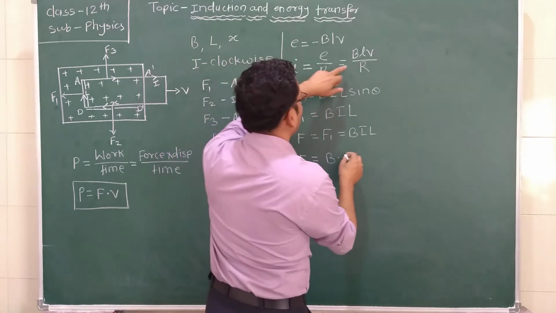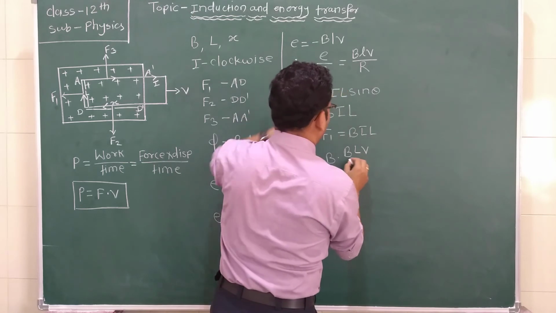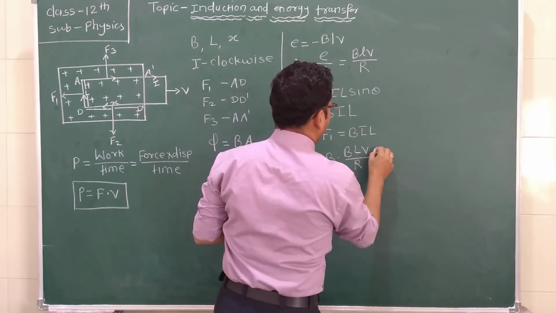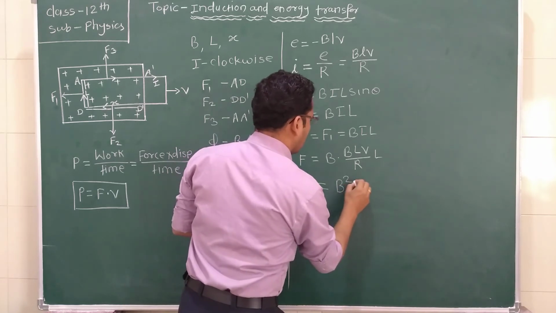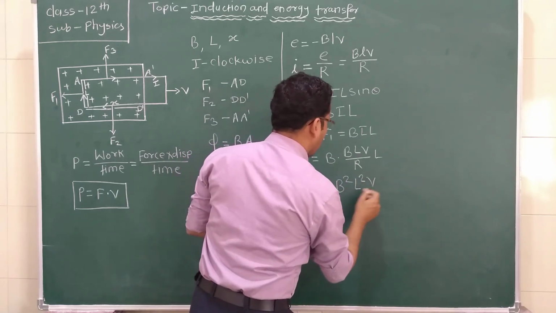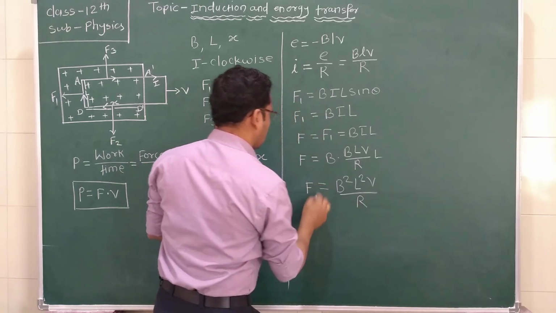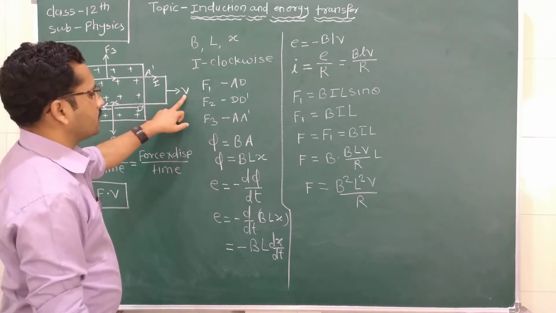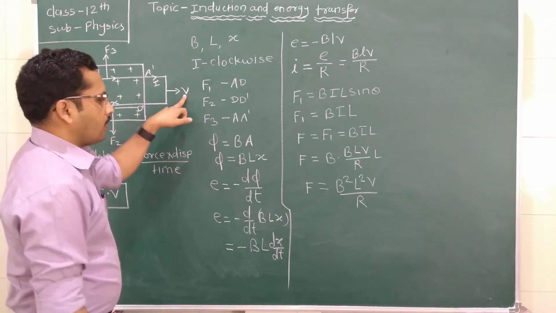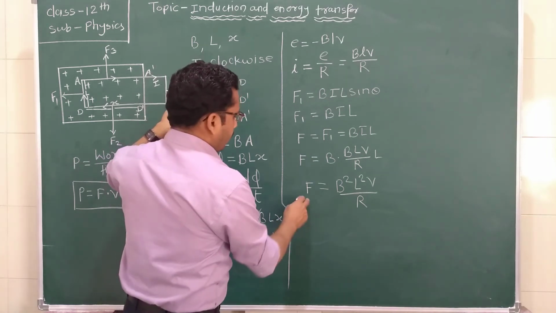I is equal to BLV divided by R, multiplied by L. So we can write F is equal to B squared L squared V divided by R. This is the force required to pull this loop with a velocity v.